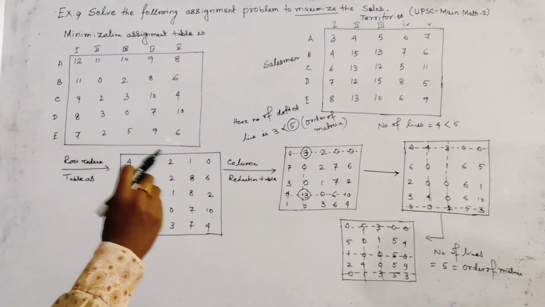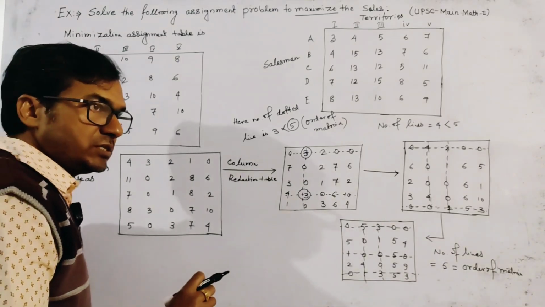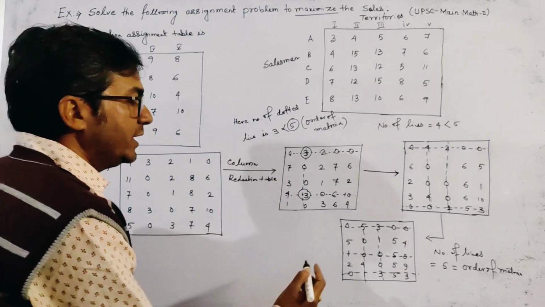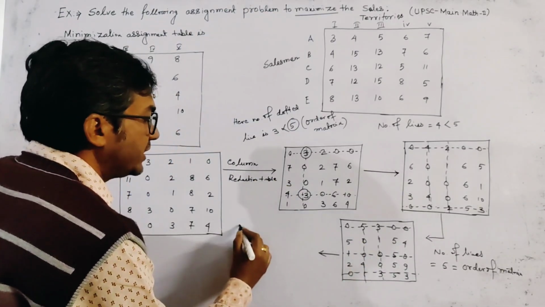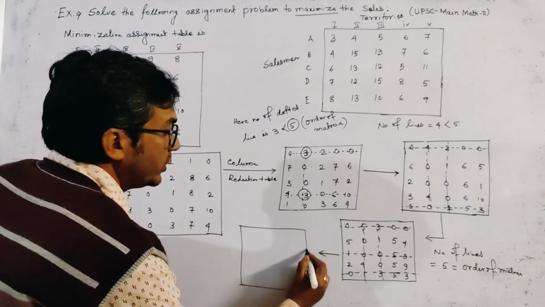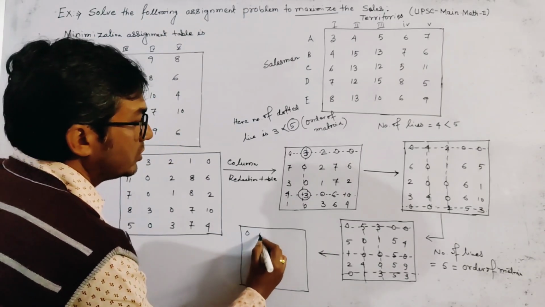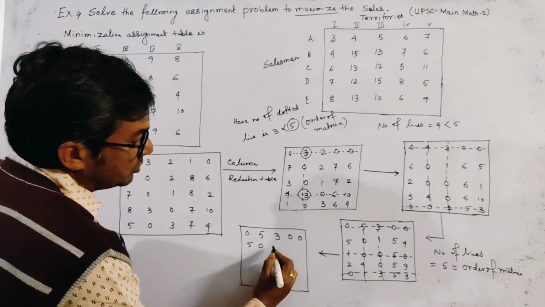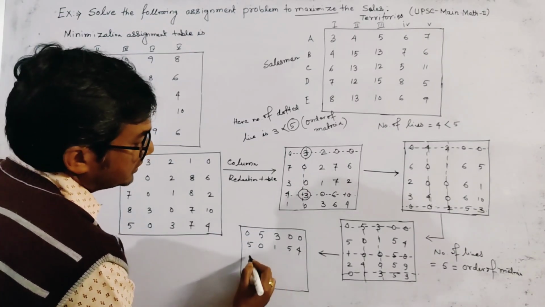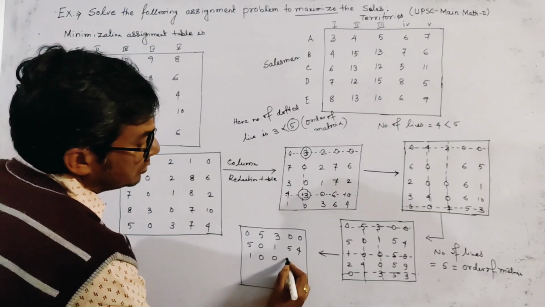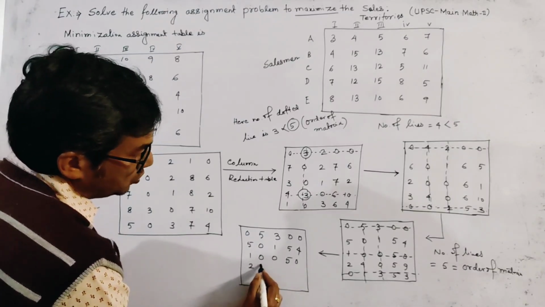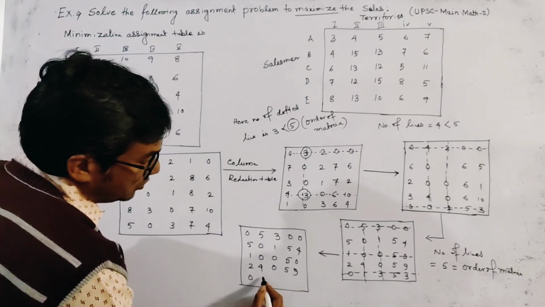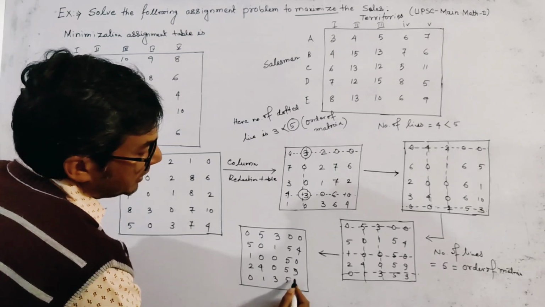Now we allocate one by one. We first search for a row where there is only 1 zero. If we write this matrix again here: 0, 5, 3, 0, 0, 5, 0, 1, 5, 4, this is 1, 0, 0, 5, 0, this is 2, 4, 0, 5, 9, and this is 0, 1, 3, 5, 3.